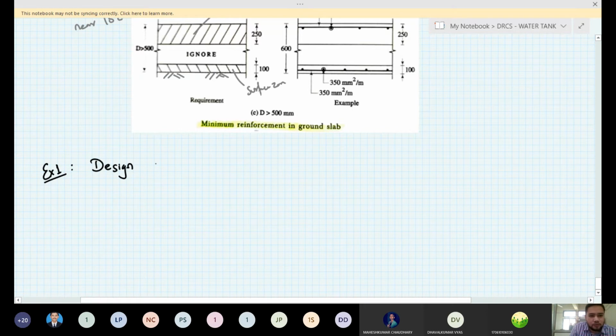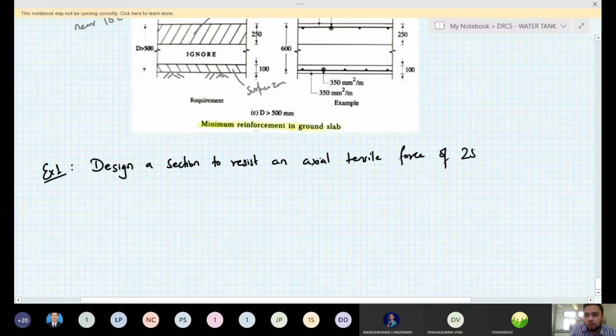Design a section to resist an axial tensile force of 250 kilonewton.